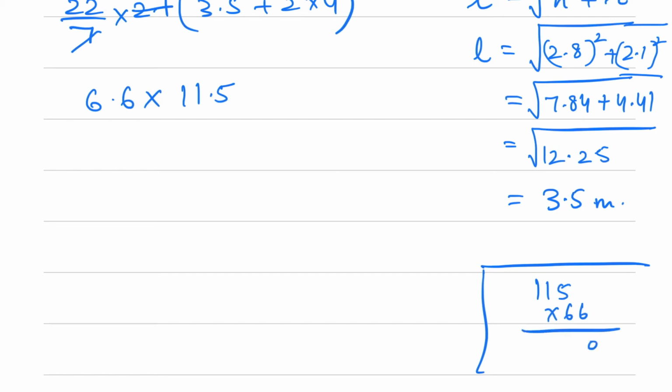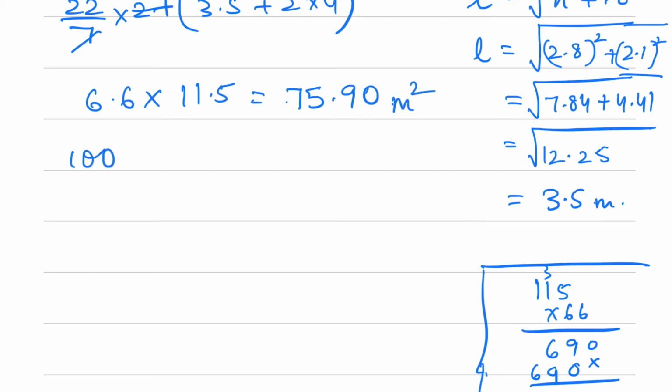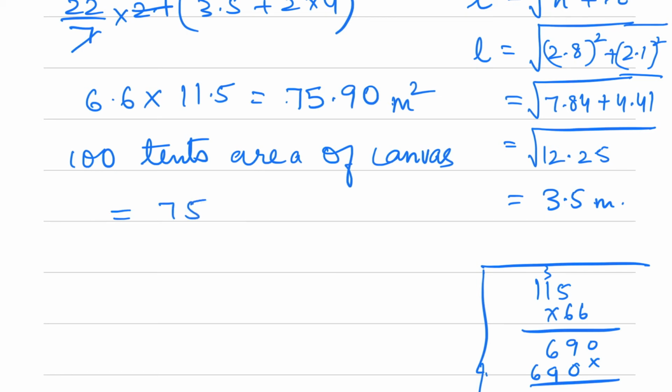So 6 and 3, 9, 690, 690. So we get 75.90, 2 decimal points, meter square. For 100 tents area of canvas will be equal to 75.90 into 100. So this will be equal to 7590.